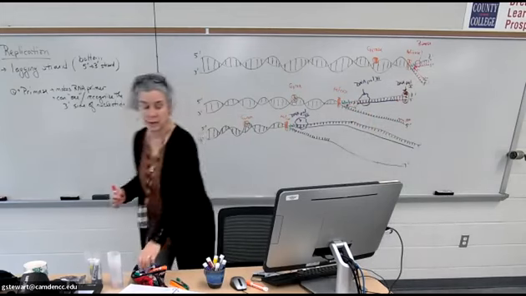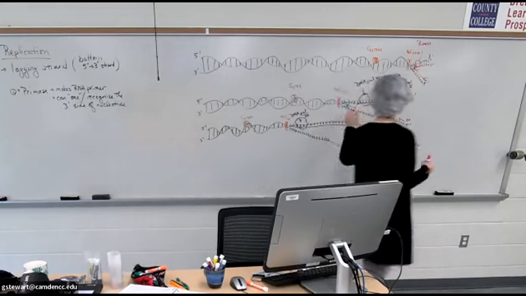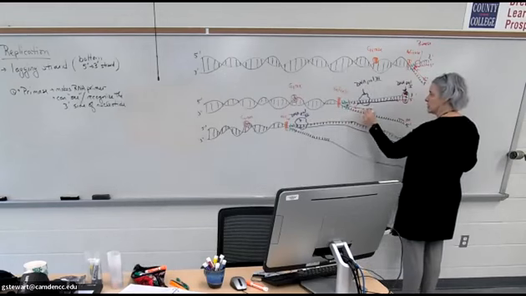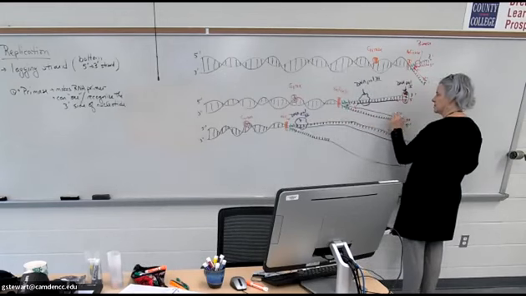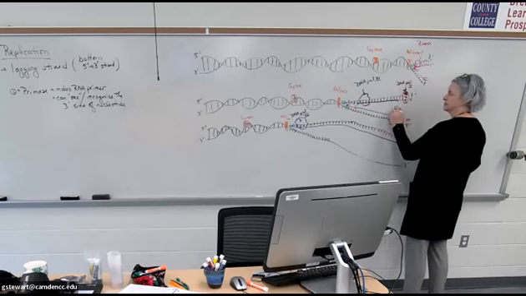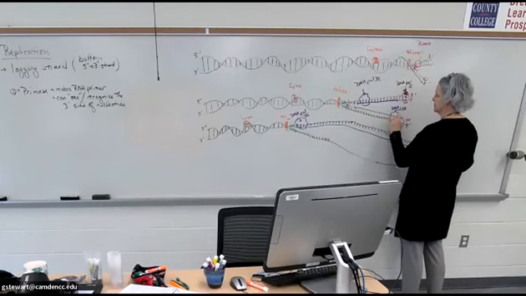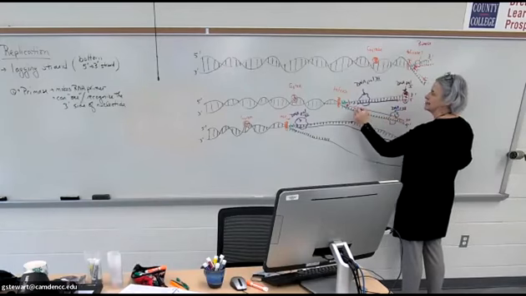And I'll just draw DNA polymerase once here, going this direction, 5' to 3', like that. Remember, it's DNA polymerase 3. It's going to use this free 3' hydroxyl to begin adding a 5' base.